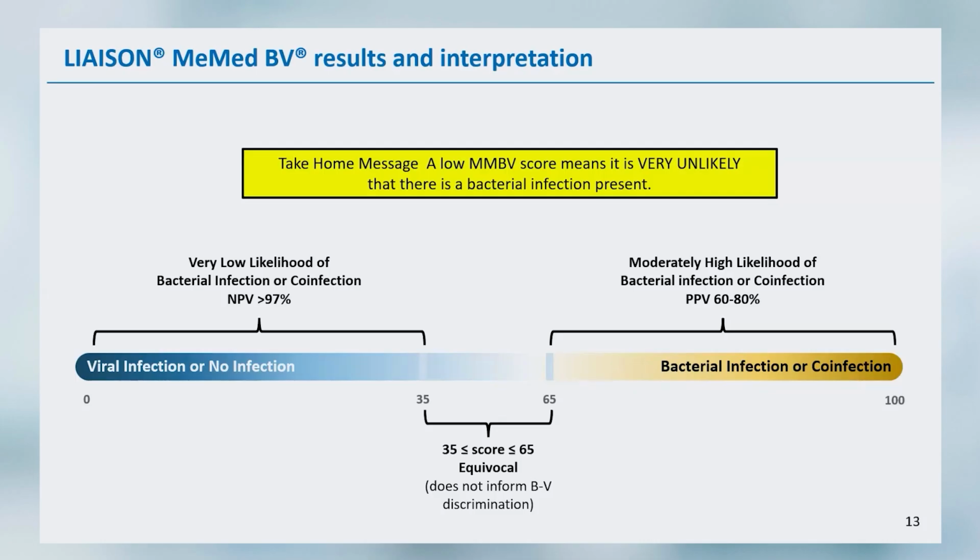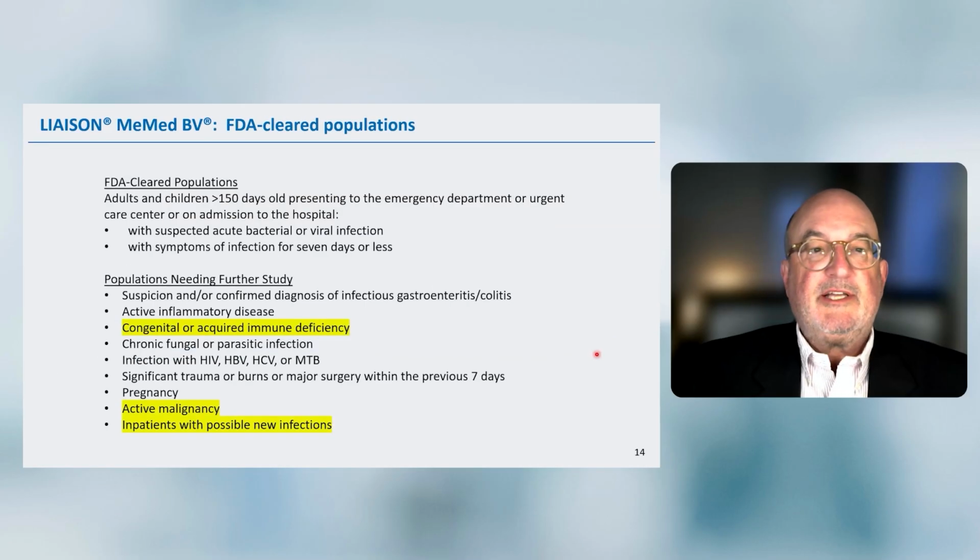bacterial infection present. The populations that are cleared for this test are adults and children over 155 days who have suspected acute bacterial or viral infection with symptoms of infection for 7 days or less.